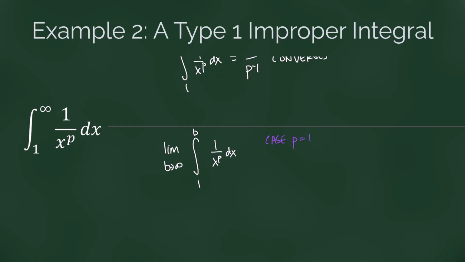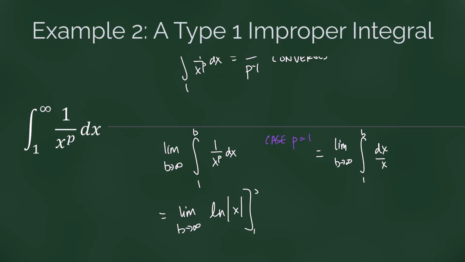So that is the limit as b goes to infinity of the integral from 1 to b of dx over x, which we know the antiderivative of that is the natural log of the absolute value of x evaluated from 1 to b. So here we're going to get the limit as b goes to infinity of the natural log of b. b is positive because we're to the right of 1 here, minus the natural log of 1, which is of course 0. So we see that this is the limit as b goes to infinity of the natural log of b.